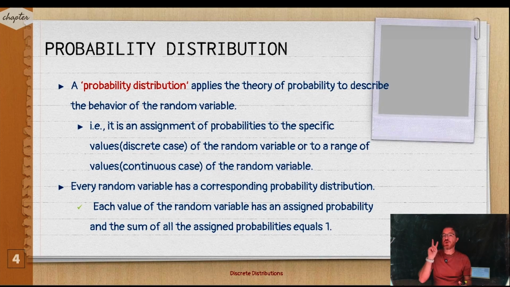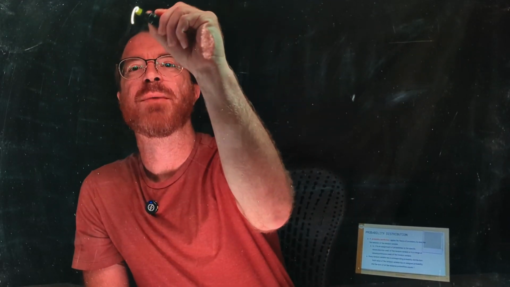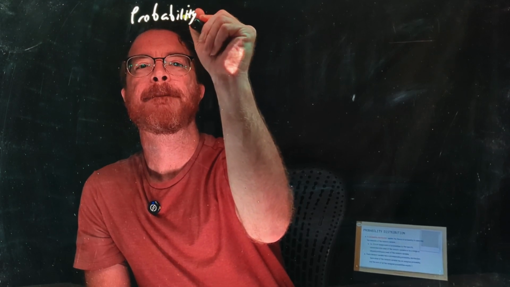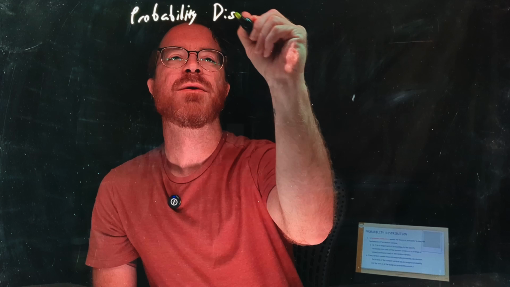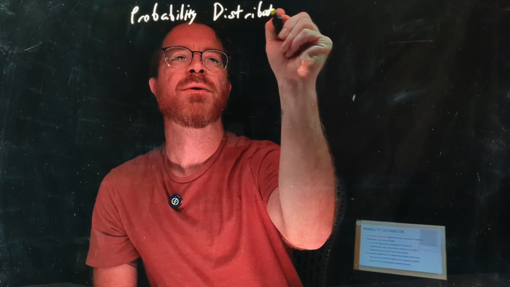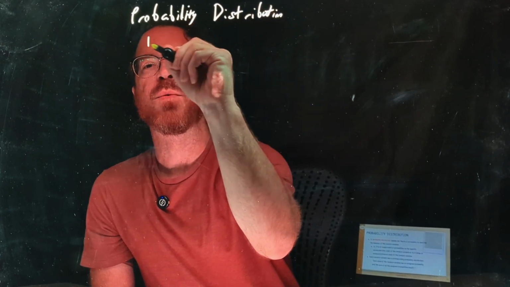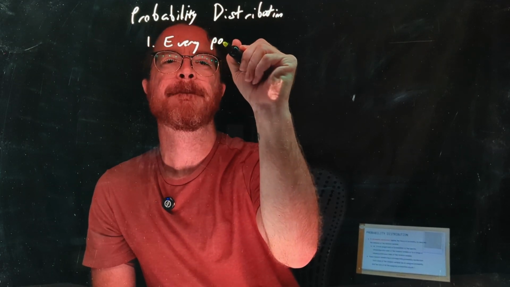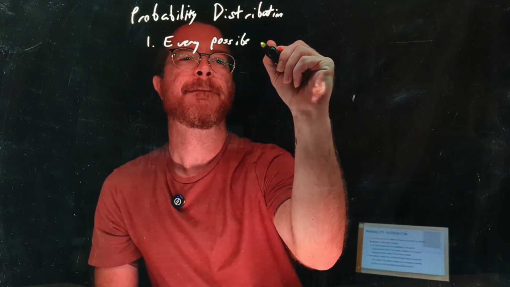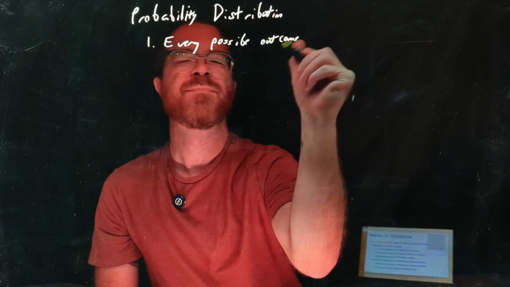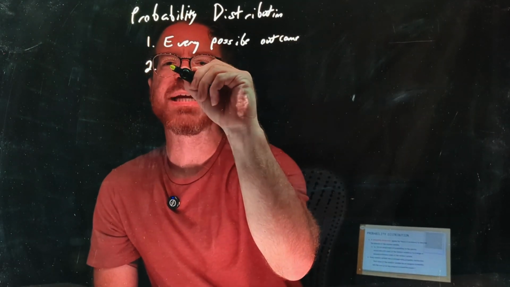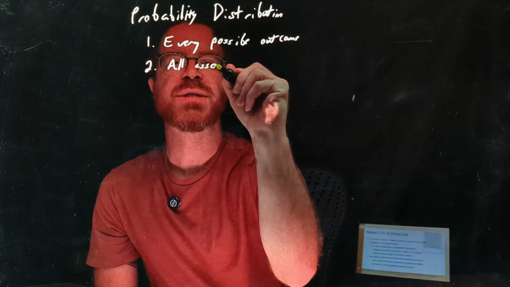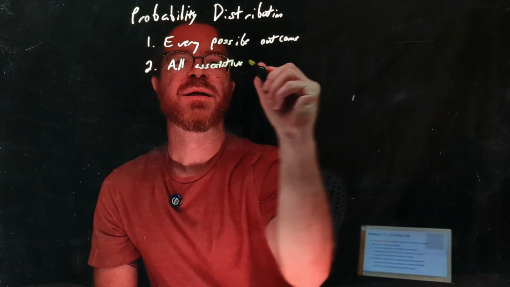And it basically needs 2 key factors, which are, for a probability distribution, we need 1, every possible outcome, and 2, we need all associated or respective probabilities.